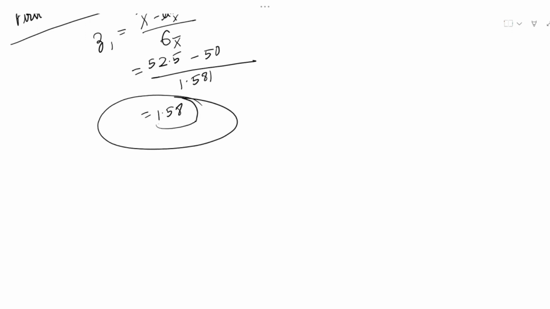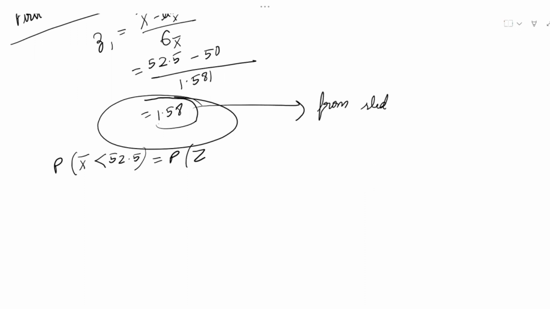For these questions we have a chart where we have to find the range where 1.58 falls. You can get this from the slides. Refer to the slides.